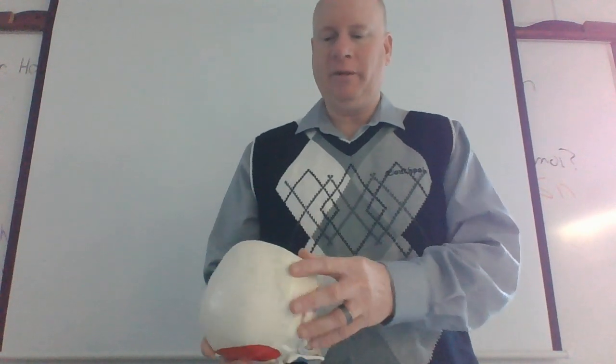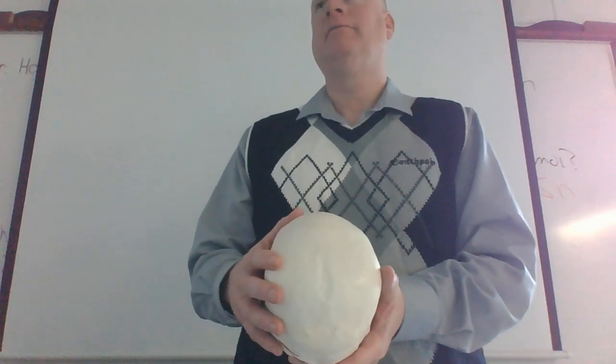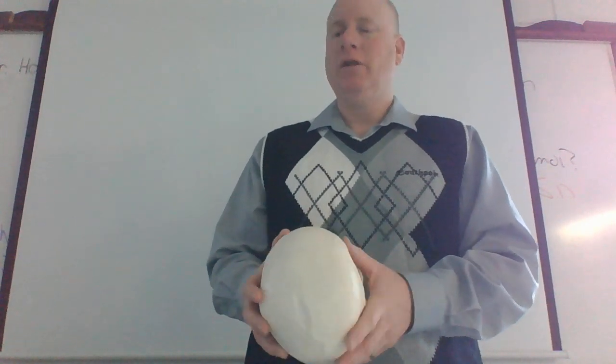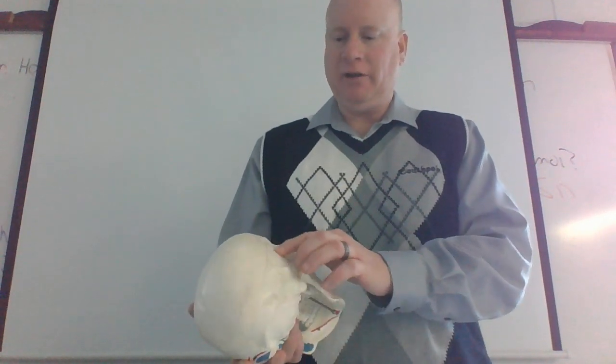This is your occipital bone. That's right. Up here, letter P: parietal bones, here and here. So we've got these up here, and we've named this one as a temporal bone.